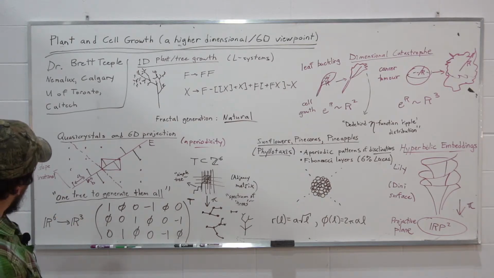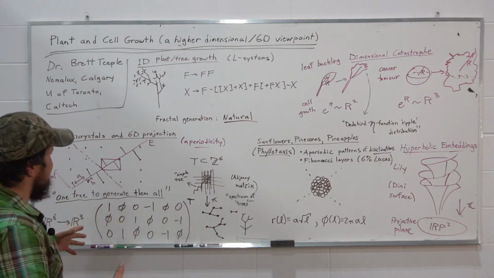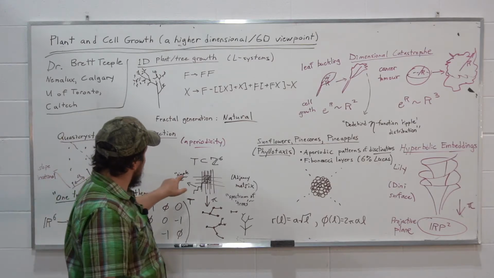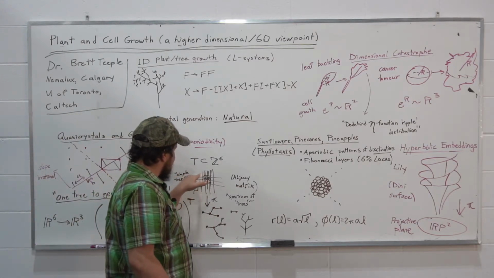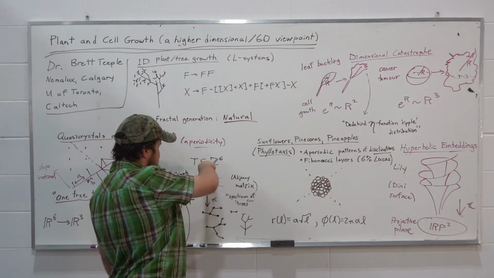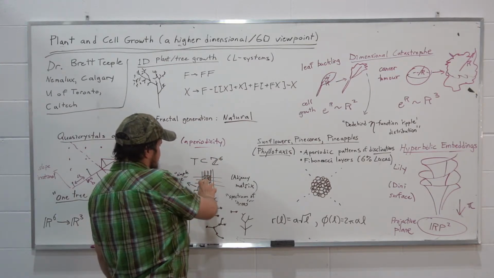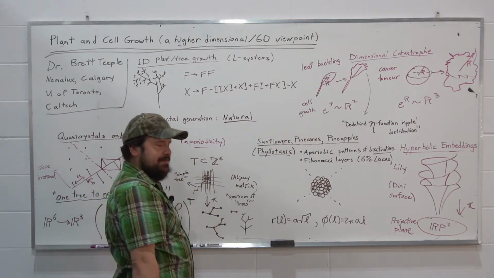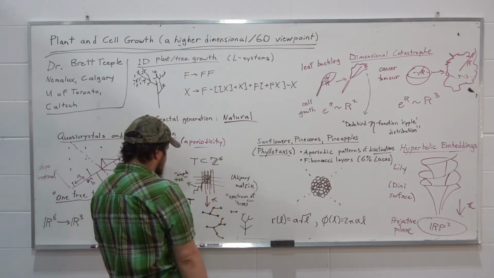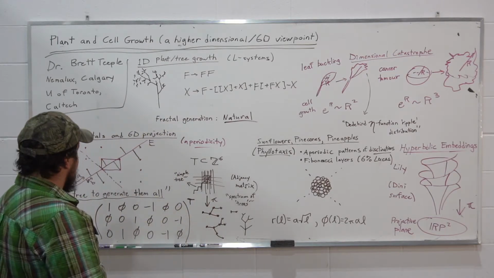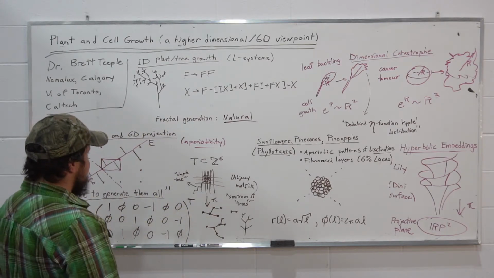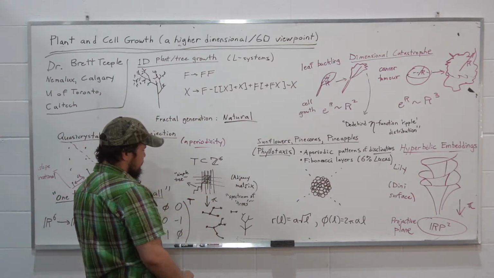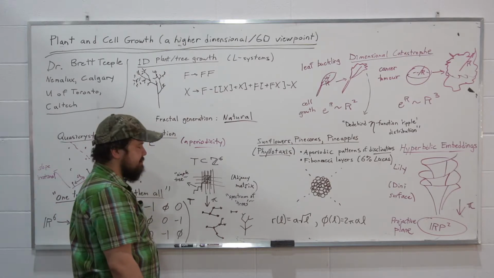What's even more interesting, though, is if instead of making crystals in 3 dimensions, what if we were to just project a simple little line that weaves through a simple hypercubic lattice in 6 dimensions and project that? Well, the idea is it might not be connected when you project it into R3.